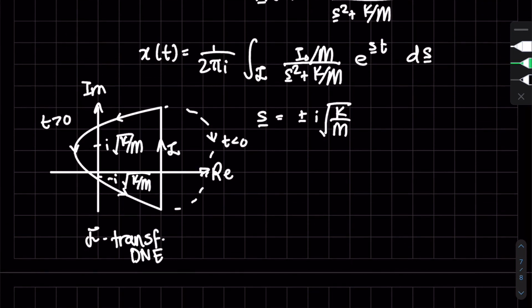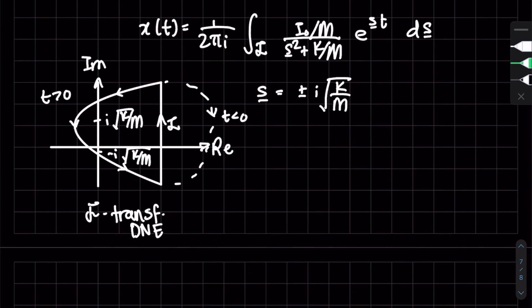Now, you use this, you can solve, you get an answer, and that's perfectly fine. The answer you're going to get is 0 for t less than 0. Duh, causality and no poles there in the closure.